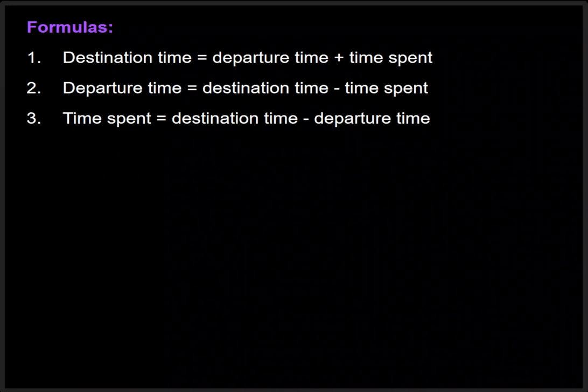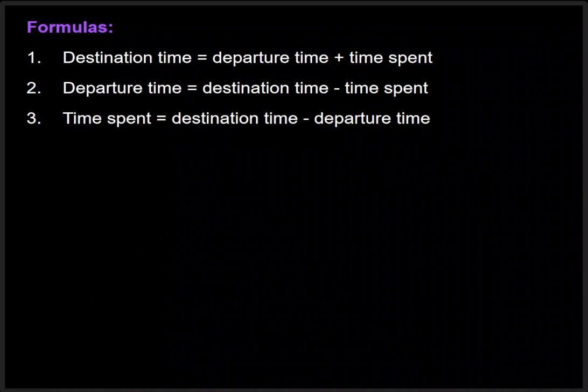So what we are looking at here, let's assume a child is trying to do homework. That's an event. And then the child starts the homework maybe by 8:30 a.m. And then maybe the child spends 2 hours 15 minutes to do the homework. That's the time spent. So the 8:30 is the starting time of that event, which is what we call departure time if it is a journey.